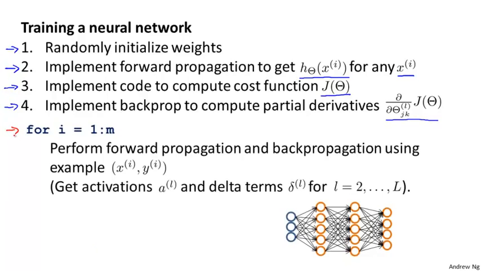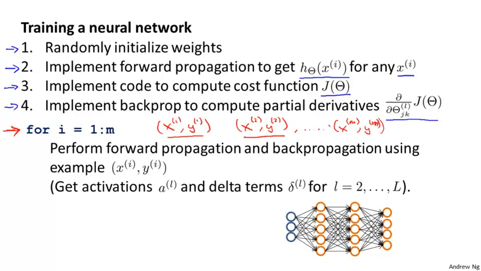Some of you may have heard of, frankly, very advanced vectorization methods where you don't have a for loop over the m training examples, but the first time you're implementing backprop, there should almost certainly be a for loop in your code where you're iterating over the examples x1, y1. So you do forward prop and back prop on the first example, and then in the second iteration of the for loop, you do forward propagation and back propagation on the second example, and so on until you get through the final example.